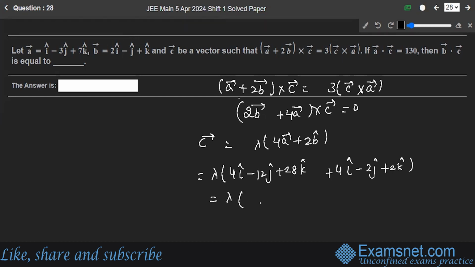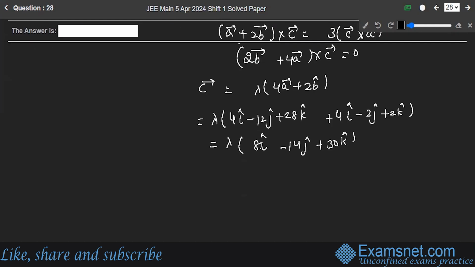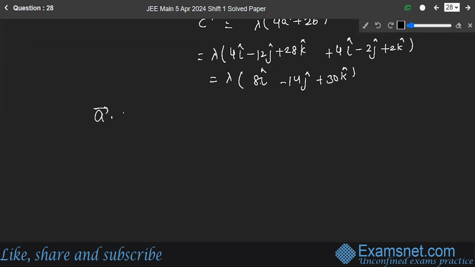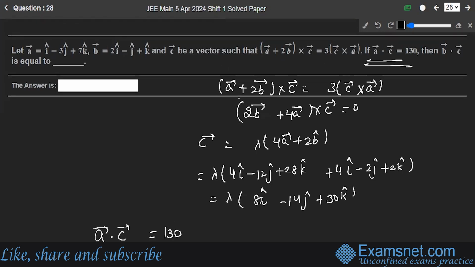4A, let's write down, this is 4I minus 12J plus 28K, plus 2B, 4I minus 2J plus 2K vector. So this is, this will be 8I minus 14J plus 30K. Also, you are given that the dot product of A and C is 130. A and C dot product is equal to 130. What is your A vector? It was I, 1, minus 3, plus 7, right?